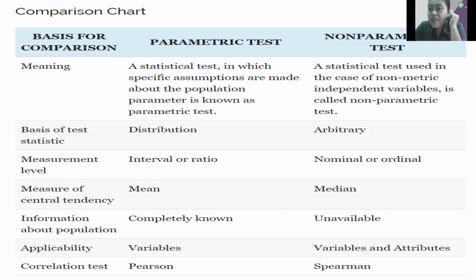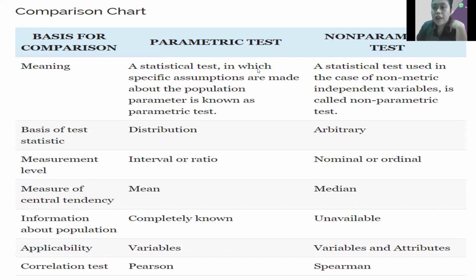And aside from the normality of the distribution, we can only use parametric test if we have continuous data or we have real numbers. Okay? We have real numbers as our data set. If it is not a real number, example, you are asking about the sex of the respondents, then their answers may be male or female.